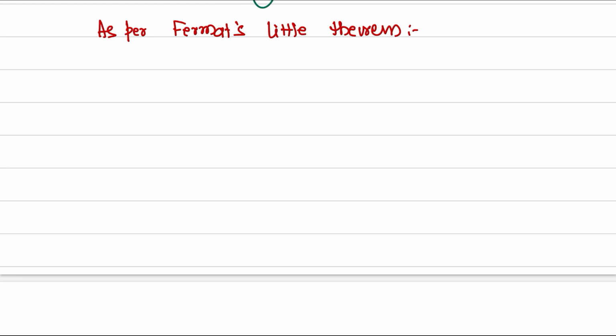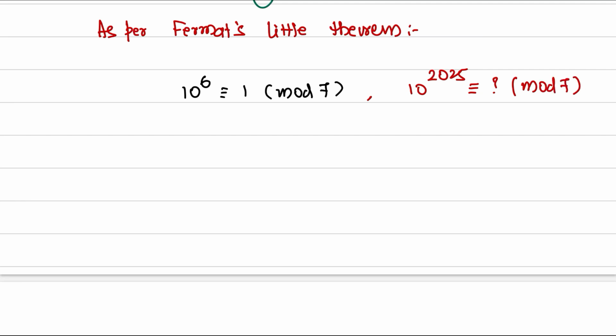for everybody. Now, as per Fermat's little theorem, it is given that 10 to the power of 6 is equivalent to 1 mod 7. Our given question is 10 to the power of 2025 equivalent to what remainder, mod 7? This is what we have to find out, in red color.